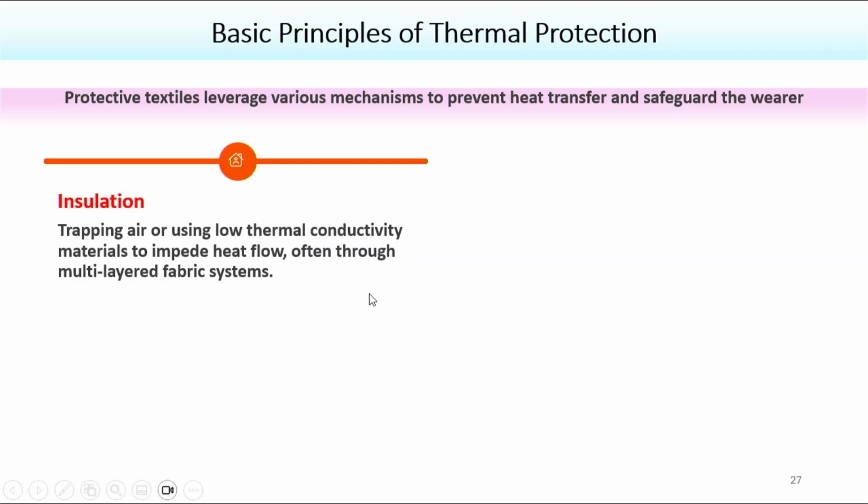The main advantage of a multi-layer fabric assembly is that in between two layers there will be still air. So, insulation we can create by trapping the air. We can create a fabric layer with a porous layer where air is entrapped, and that will work as an insulator.